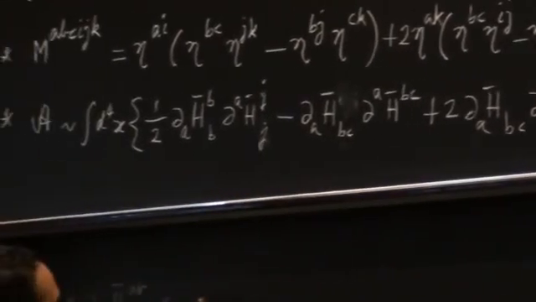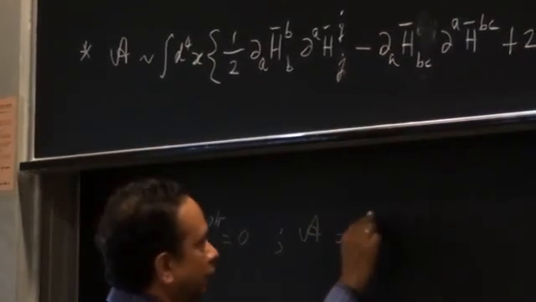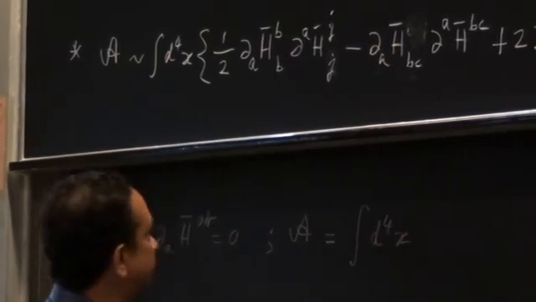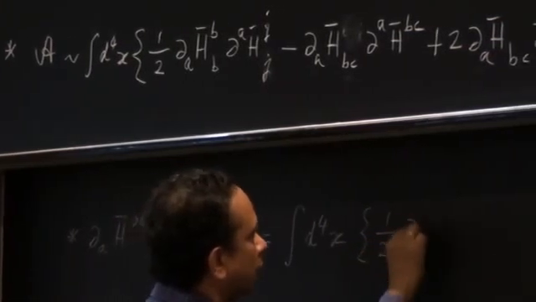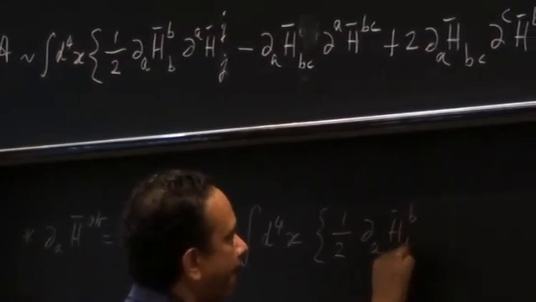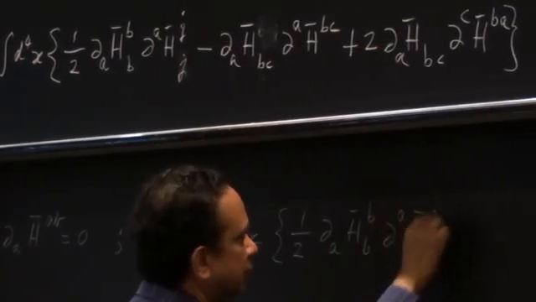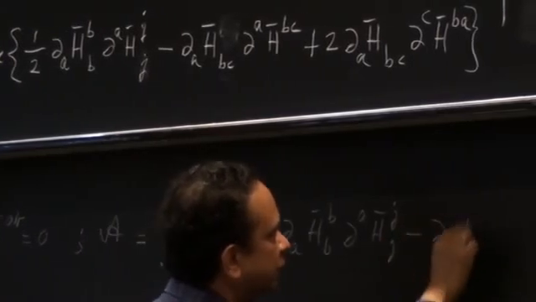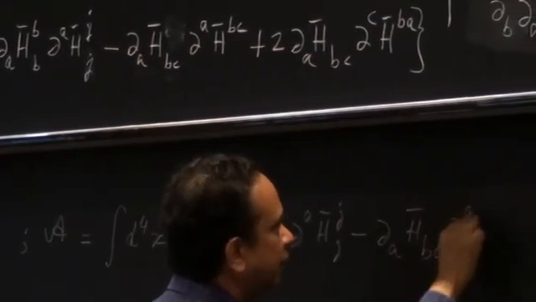So your action reduces to the form with just the other two terms, which is the integral d^4x of half ∂_A of h̄_{ij} ∂^A of h̄^{ij} minus ∂_A of h̄_{bc} ∂^A of h̄^{bc}.